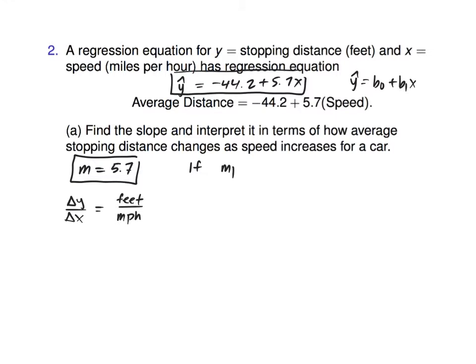So if mph goes up by 1, what happens to stopping distance? Stopping distance increases or decreases? I think it increases, because it's positive 5.7.